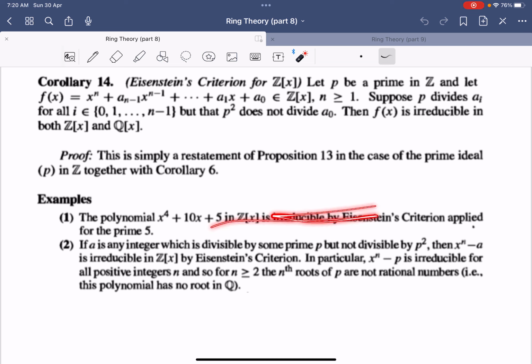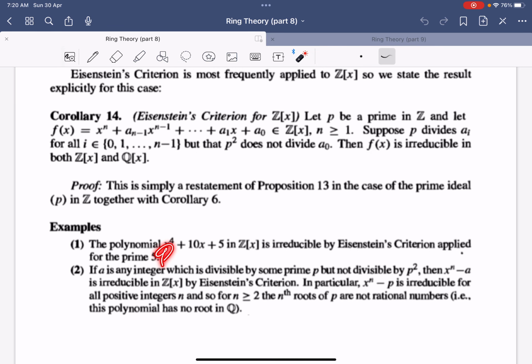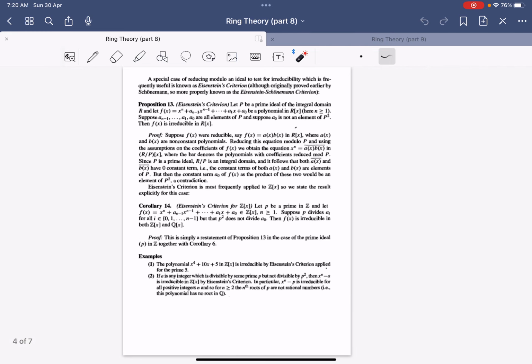One use of the Eisenstein criterion can be applied to this polynomial, where we choose the prime 5, and because 5 divides these coefficients, but 25 doesn't divide 5, we show that this polynomial is irreducible.